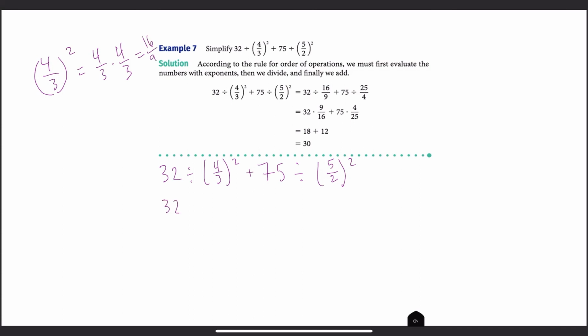So this is 32 divided by 16/9 plus 75 divided by, now I'm going to square 5/2. So that's 5/2 times 5/2, so that's 25/4.